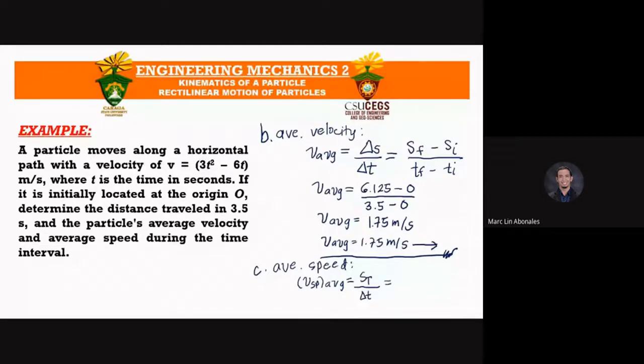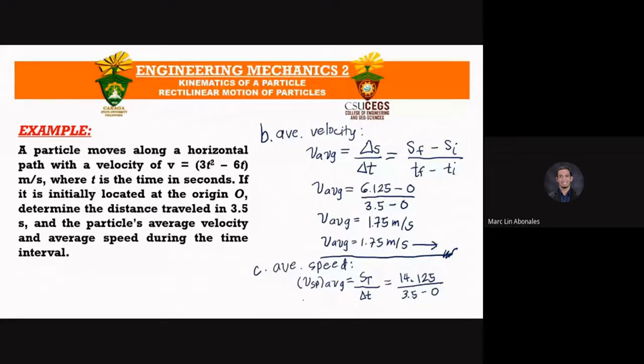So the total distance traveled here is 14.125 meters over the time interval. So that is, again, 3.5 minus 0. Final minus the initial time.